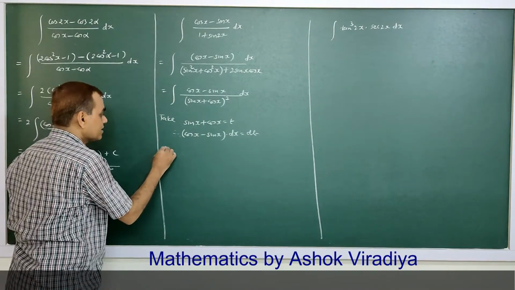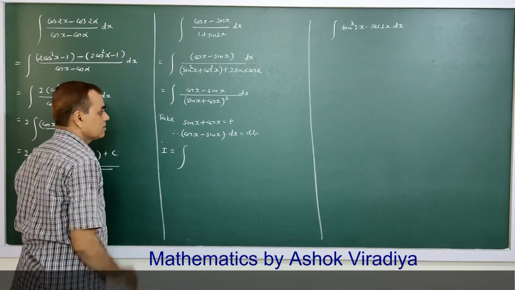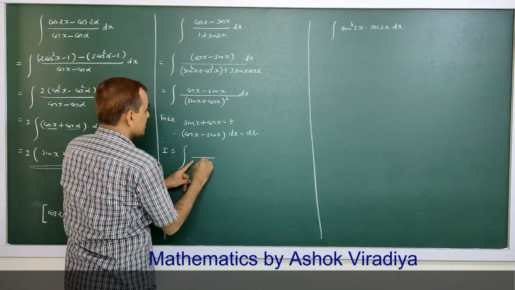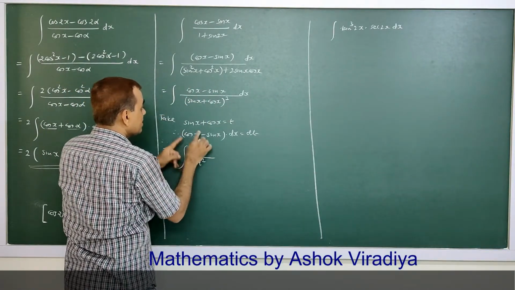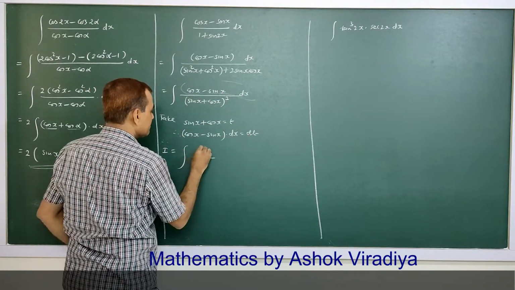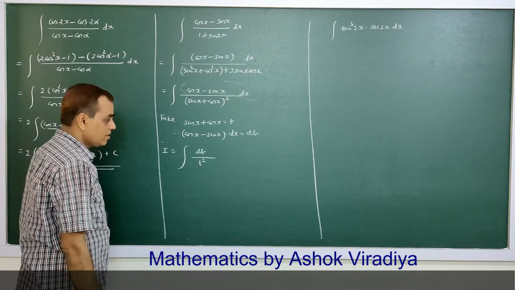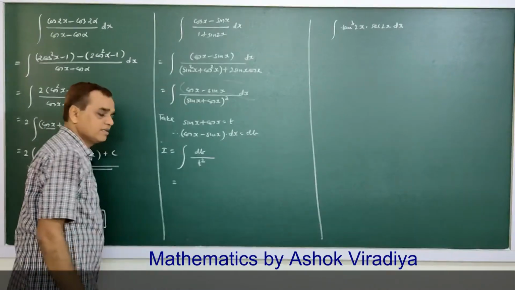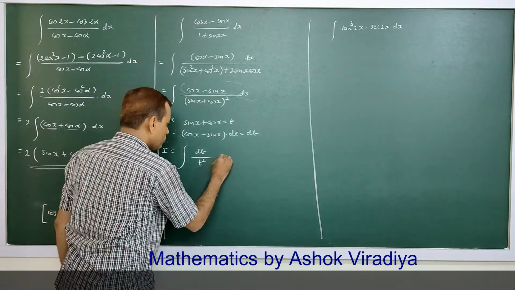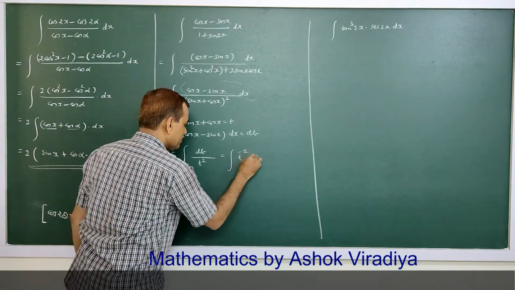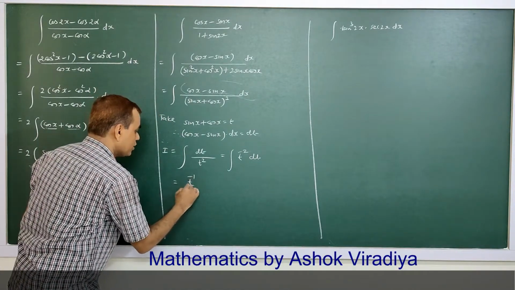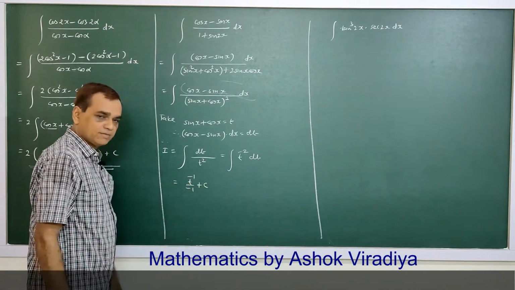So integral is, this is t. This is t, so t square, so this part is dt. So it is t raised to minus 2. Its integral is t raised to minus 1 upon minus 1 plus c.